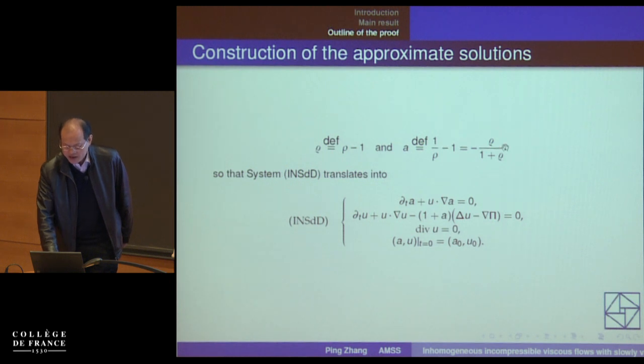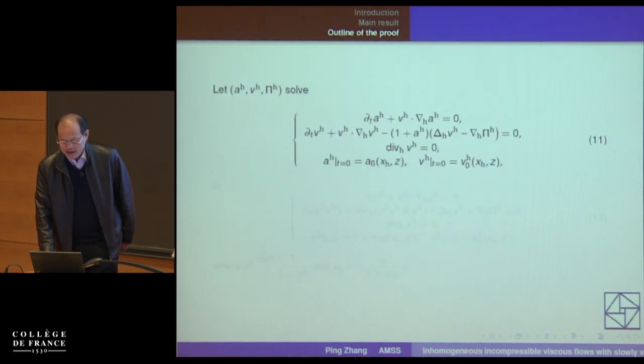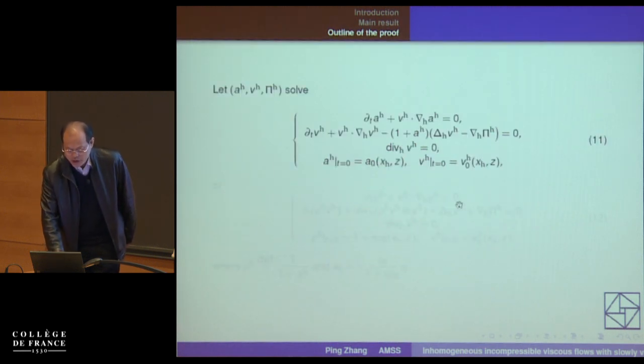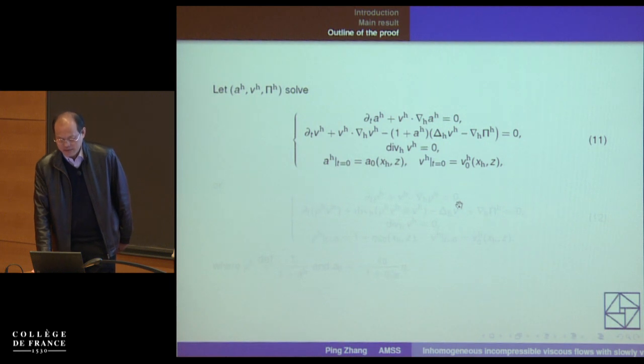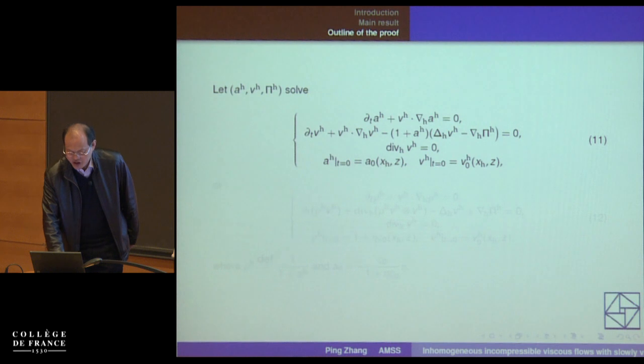Then instead of this rho, u, pi equation, you can find another equivalent system of this A, U, and pi system. So here, let's denote this AH, VH, and pi h to be the solution to the 2D inhomogeneous Navier-Stokes system with a parameter z.